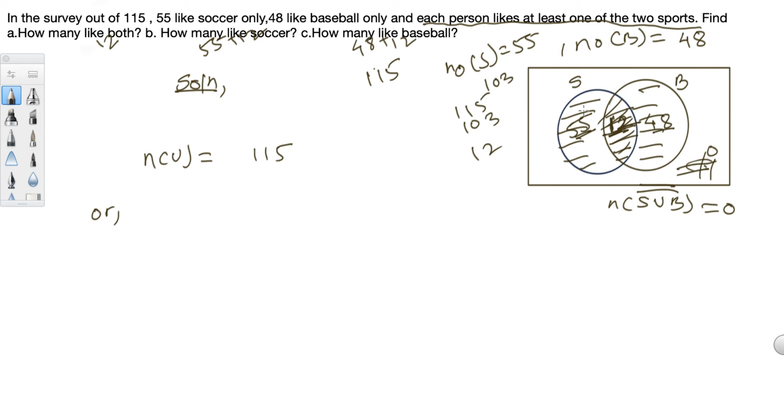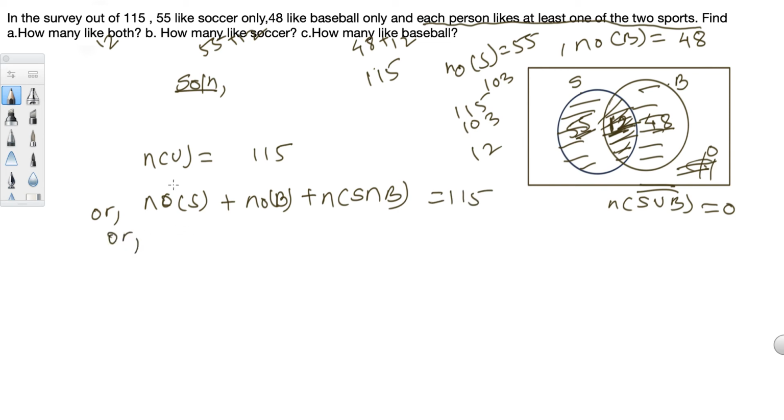So what will be our U in this case? n not S plus n not B plus n(S intersection B). So let us write here n not S plus n not B plus n(S intersection B) equals 115.